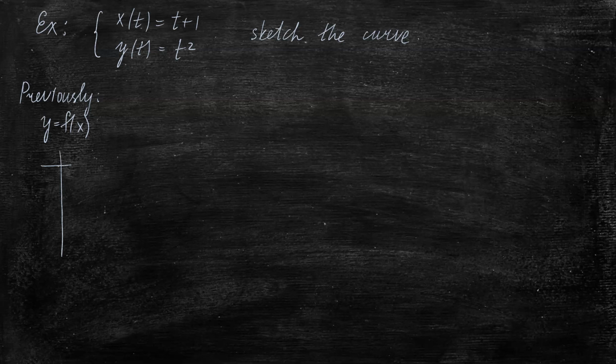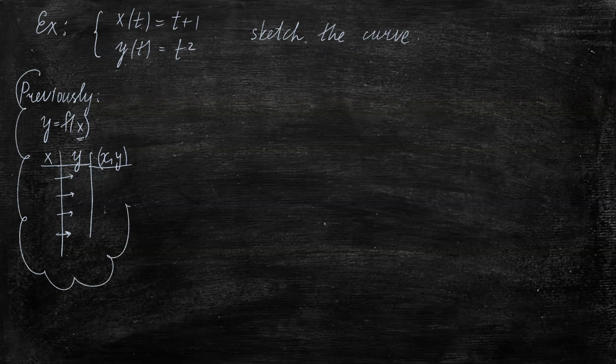We considered the values of x as inputs, and then we evaluated y at each input, and by doing so we produced the ordered pairs, which we then plotted on the xy coordinate plane. So this is how we've done graphing previously.